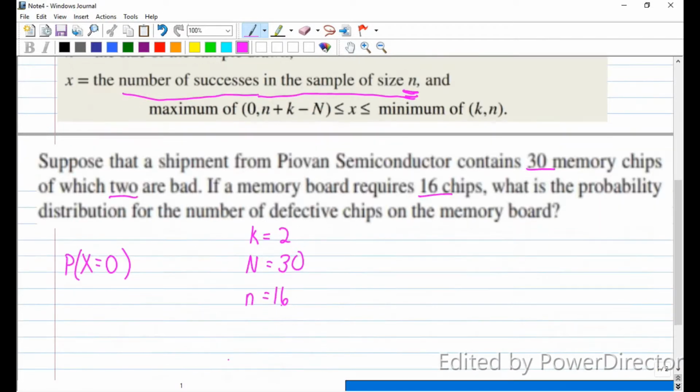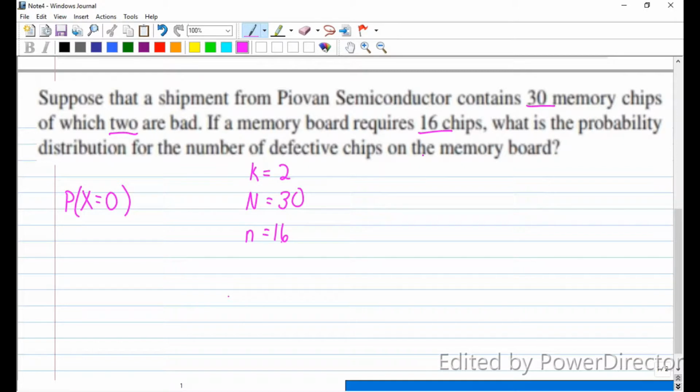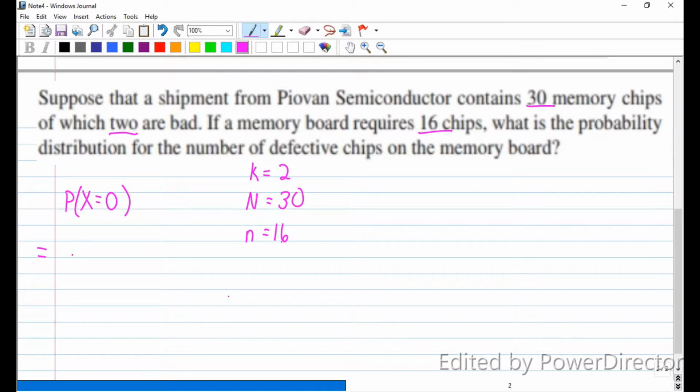So this is going to be equal to K C X, so 2 C, and our X here, we want 0 defective chips if we want this thing to work right.